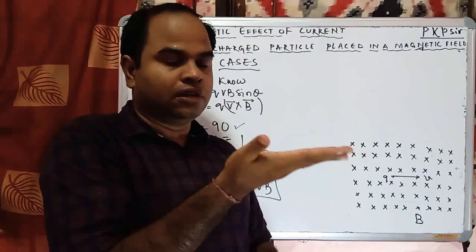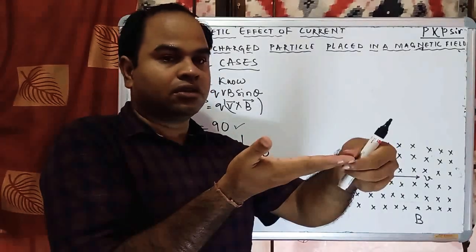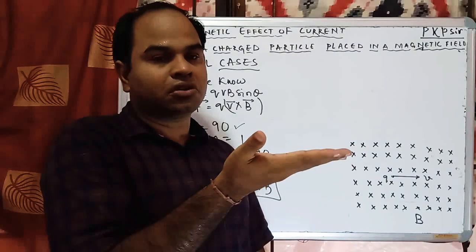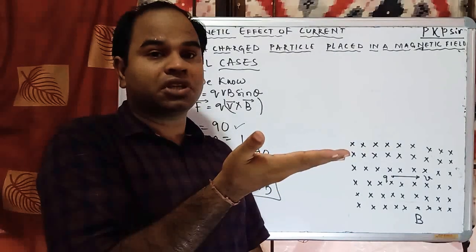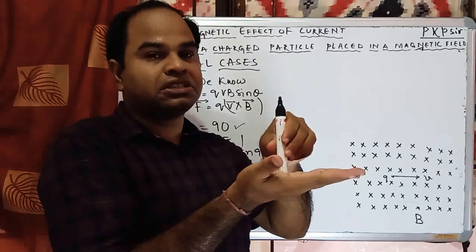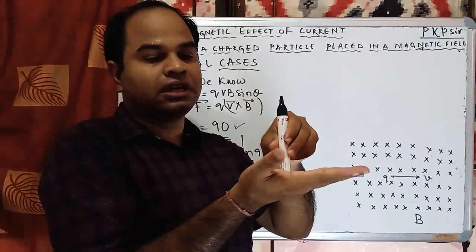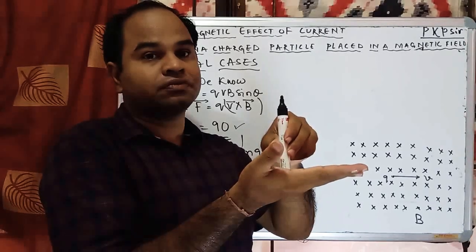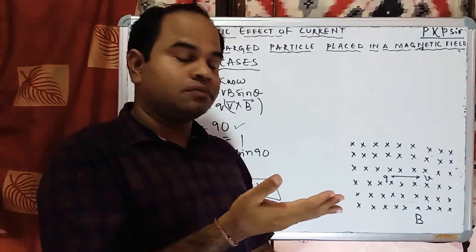Again, the finger represents the direction of the motion of the charged particle, the palm represents the direction of the magnetic field, and the thumb represents the magnetic force direction.